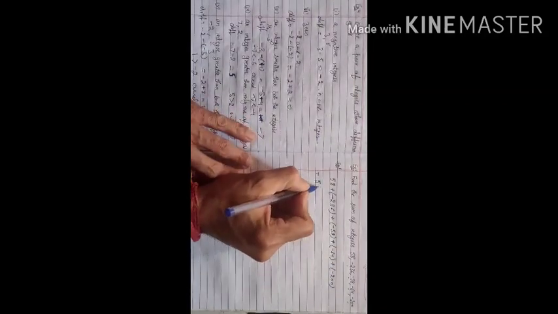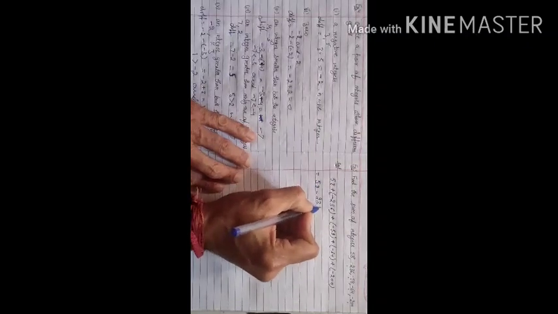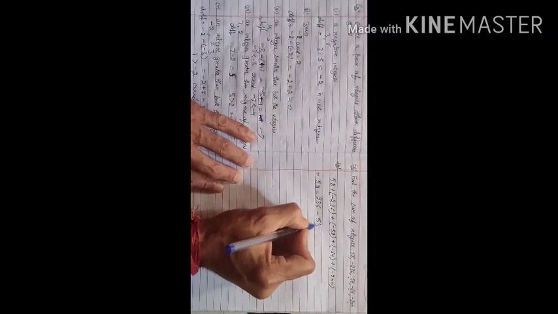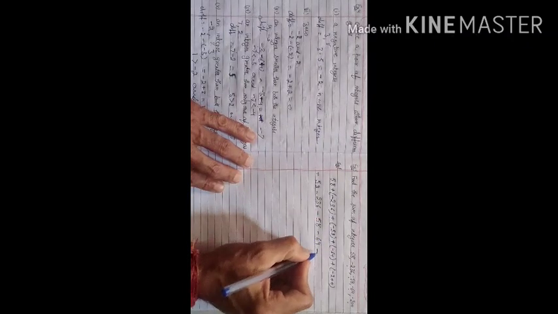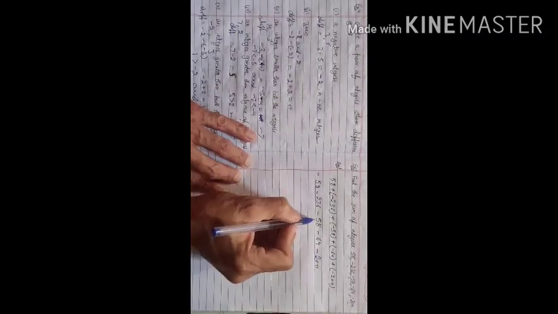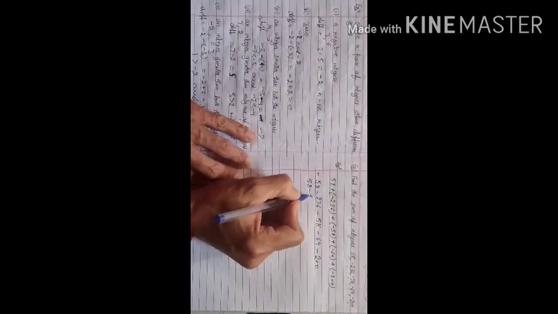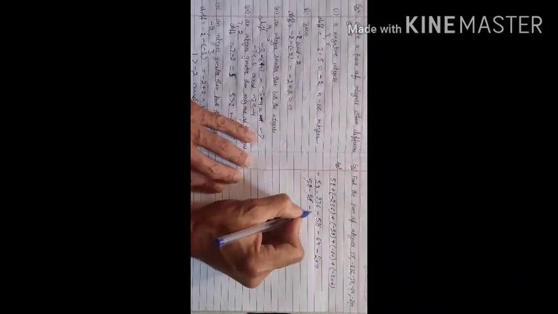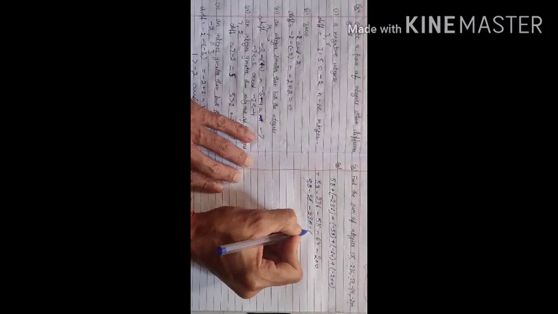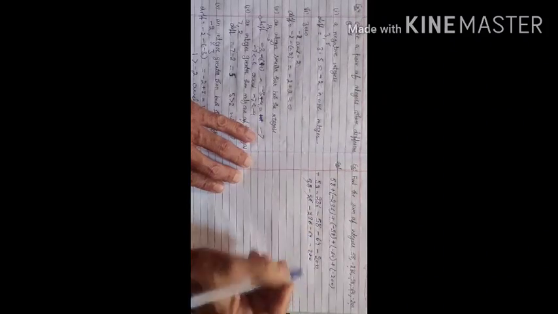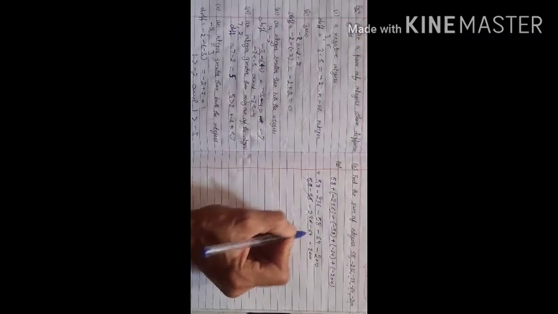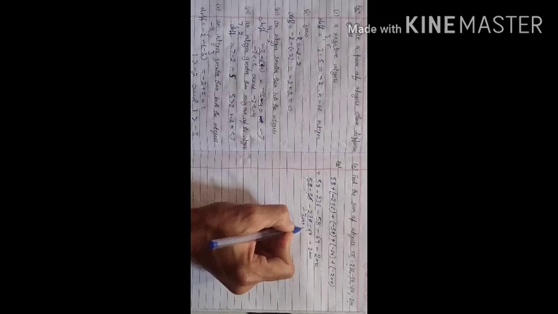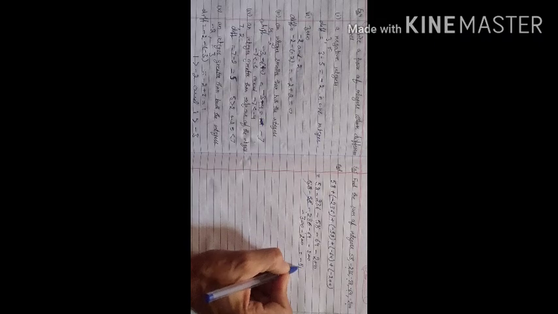Now open the bracket, 58 minus 236 minus 58 minus 64 minus 200. Now minus 58 and 58 cancel each other, and minus 236 minus 64 minus 200. To make the calculation easy, we add these first, because the sum of these two is minus 300 and minus 200, so total sum is equal to minus 500.